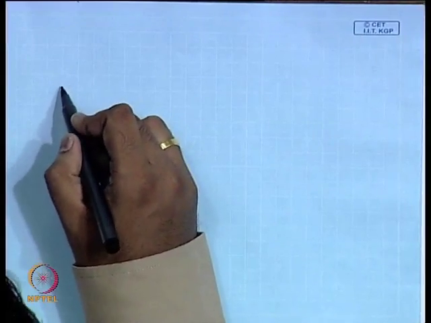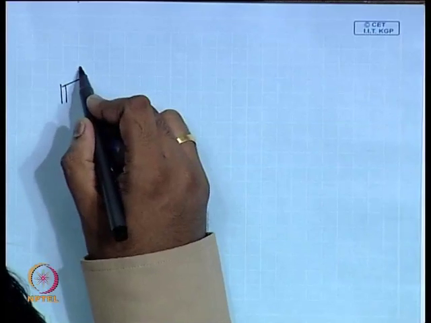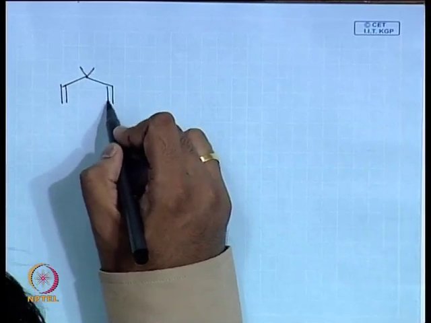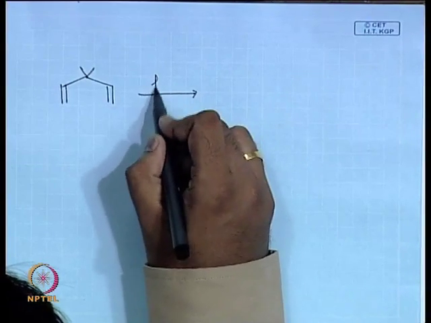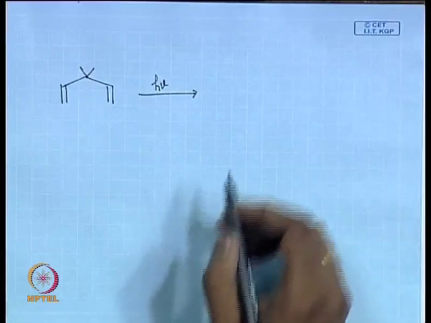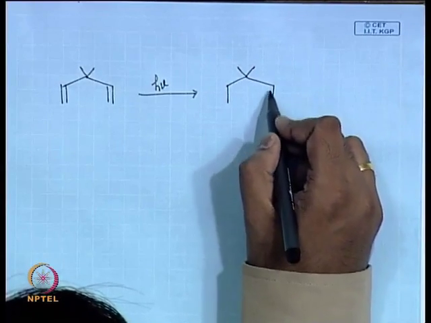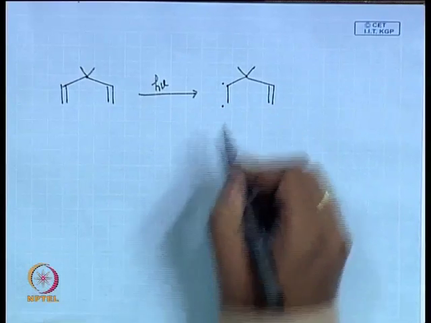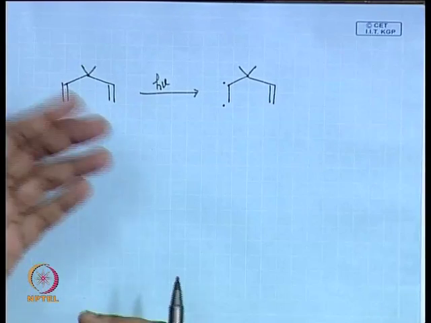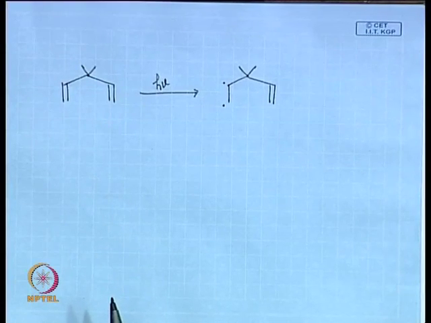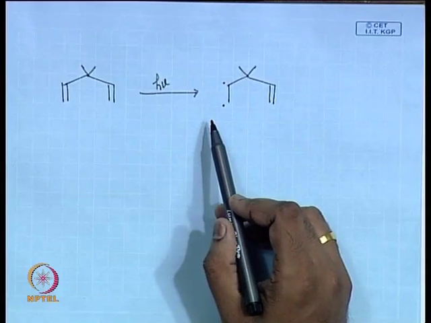Because singlet will be zwitterionic, and in the triplet I can think of this chemistry as radical. I can use some sensitizer, you know that direct photolysis is hard, so I can use a sensitizer and take it to the triplet state, and then it can be radical chemistry.